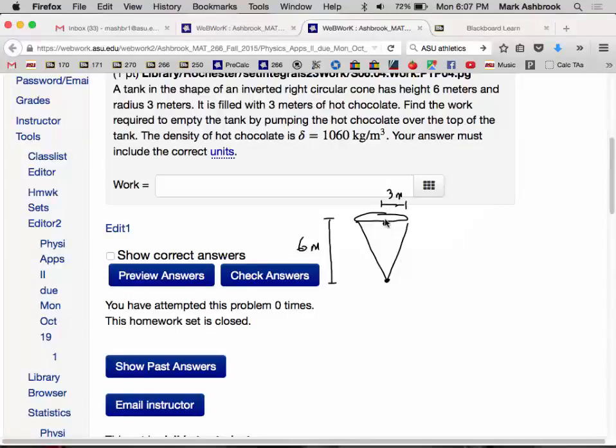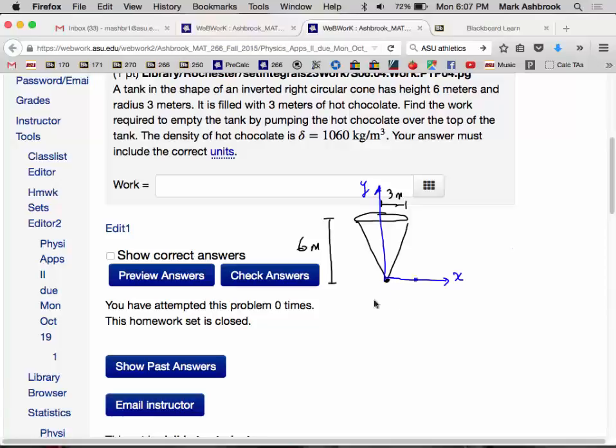Let's do it that way. I'm going to do it the second way. I'm going to put the origin there, and we'll call this x and y.